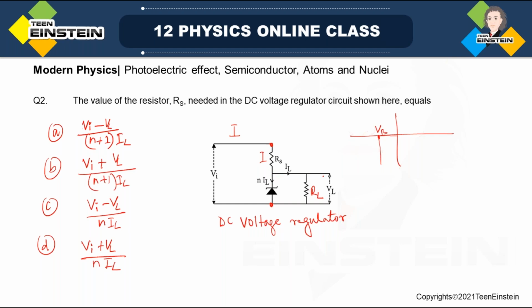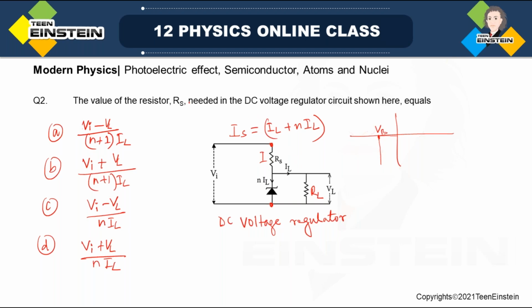One is IL, going through this load resistor, and this fraction n into IL is going through the diode. That means the total current which is passing through, I say IS, is IL plus n into IL. This is the total current which is flowing through the RS.